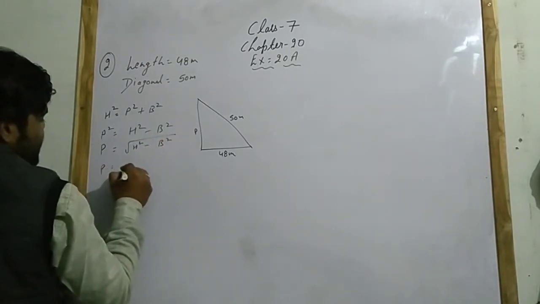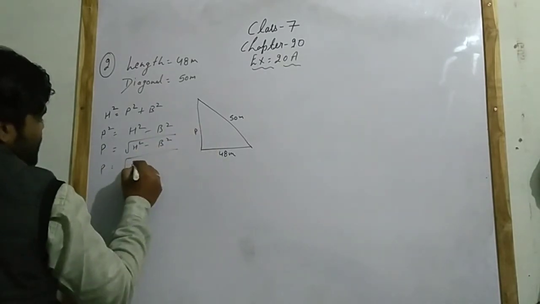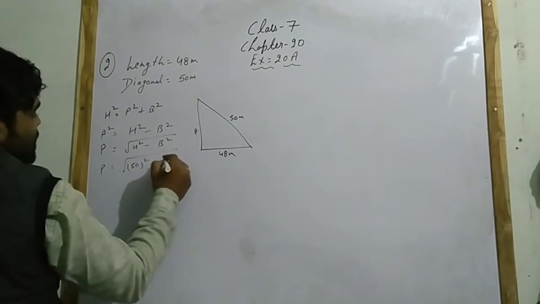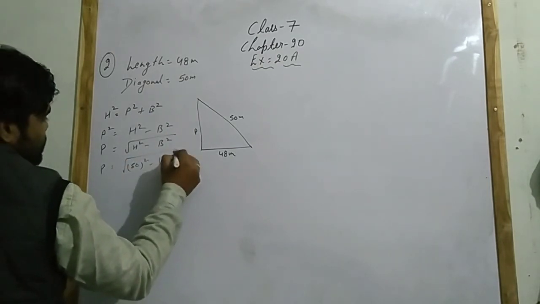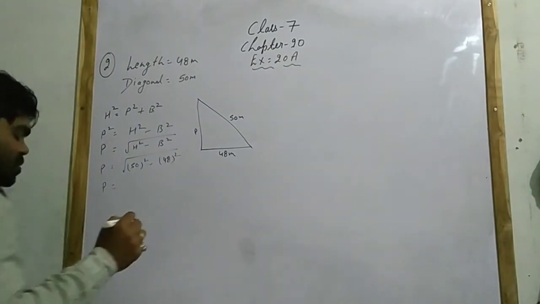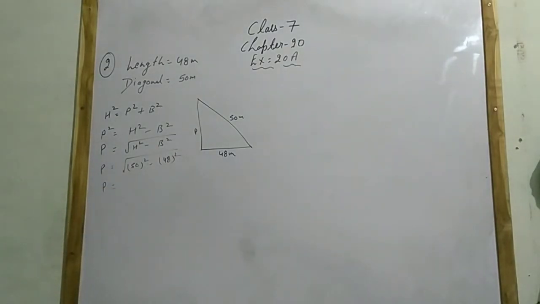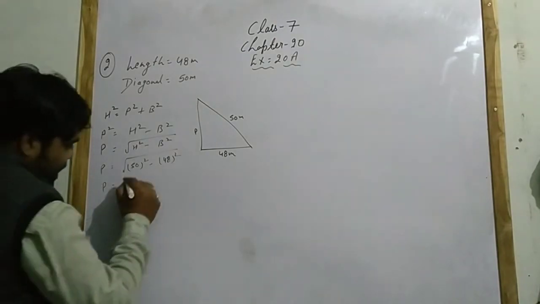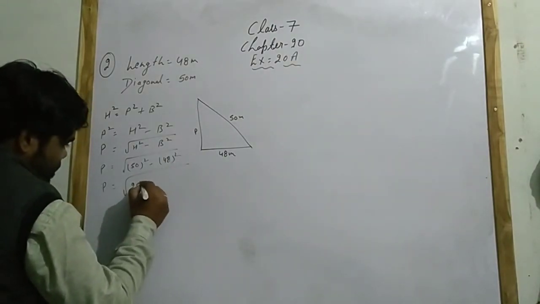What is your h here? Hypotenuse is 50 and b is 48. So p equals, what is the square of 50? It will be 2500.